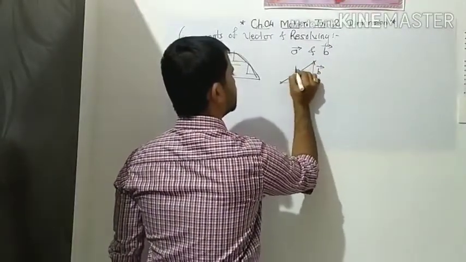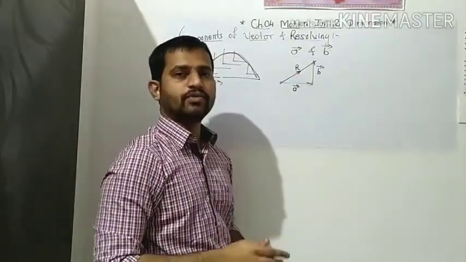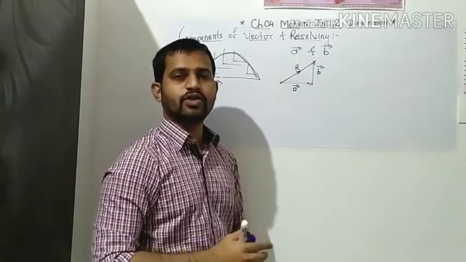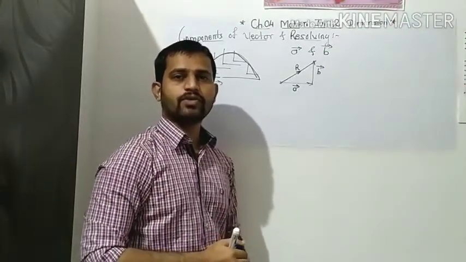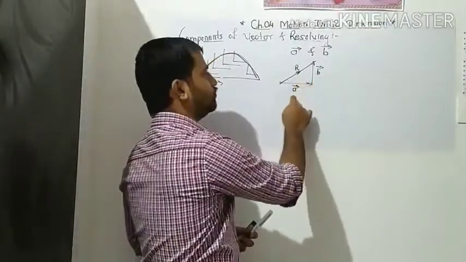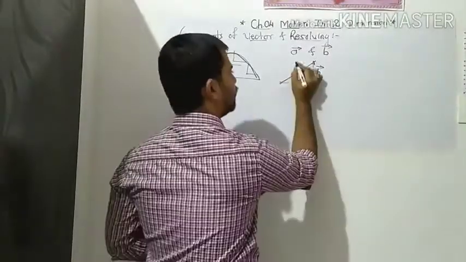We learned this in the triangle law: join the tail of the first vector and the arrowhead of the second vector. The addition of these two vectors gives the resultant R, which is also one vector.